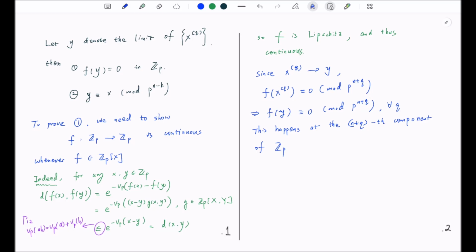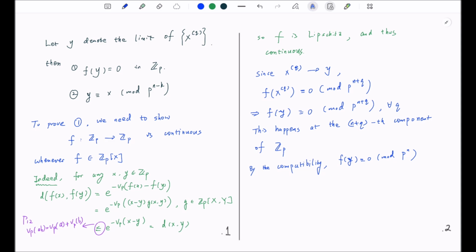And furthermore, we can conclude from here that f of y is also congruent to 0 modulo the smaller powers of p. This is by the compatibility of elements in Zp.